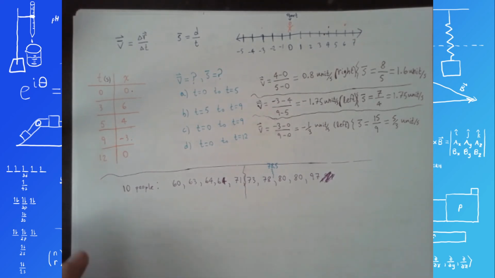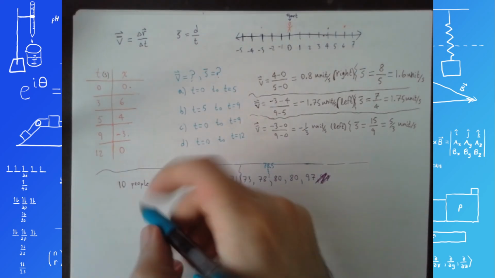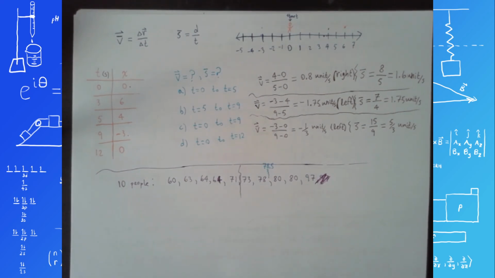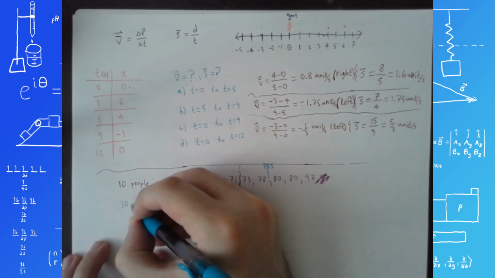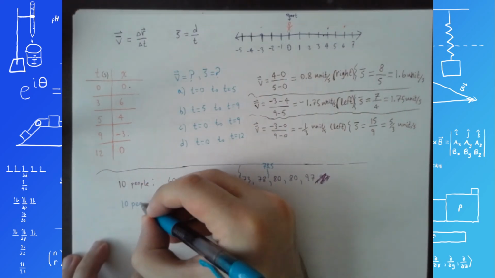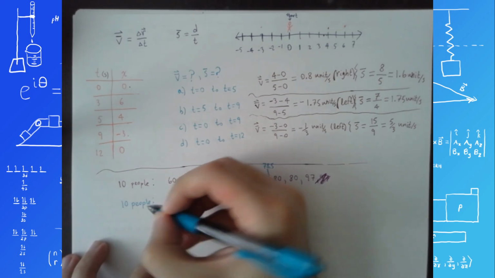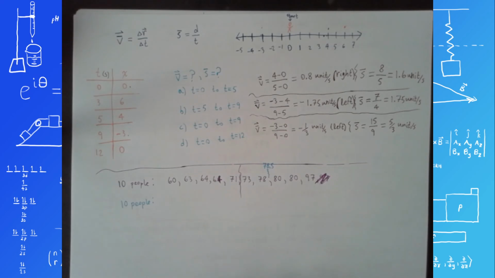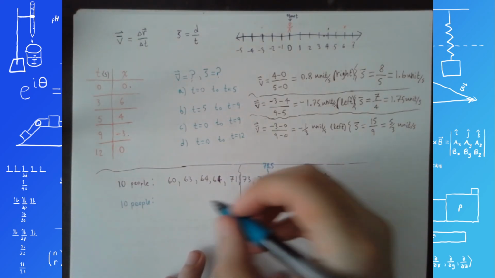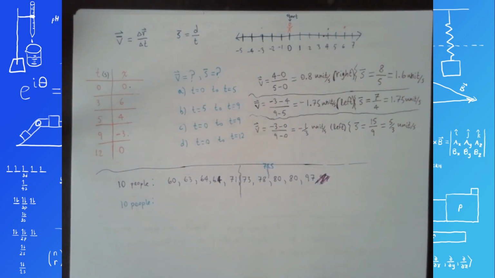I guess another way to say this is, maybe I should make up another list of numbers. Let's say, for example, that I did another 10 people, and this time instead of their scores on a test, let's say they're playing some sort of game, and we'll see how many points they score in the game.